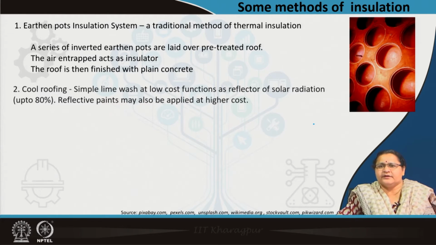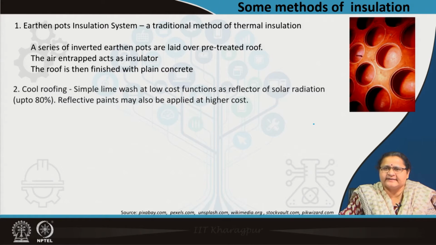So, we had learned reflective insulation, and we are applying the same principle here in a very cost effective way to prevent solar radiation from getting entrapped inside the building from the roof. It can help in taking away 80% of the radiation, and it is a very cheap method, but yes, there are problems.